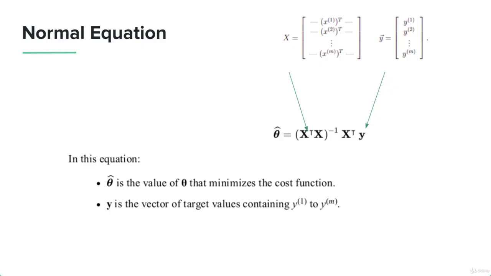The normal equation uses matrix formulation and matrix operations to directly jump to the optimal value. We take the inverse of X transpose multiplied by X, and then multiply it by X transpose and the actual values. The normal equation is a good approach when you have a limited number of features in a dataset.